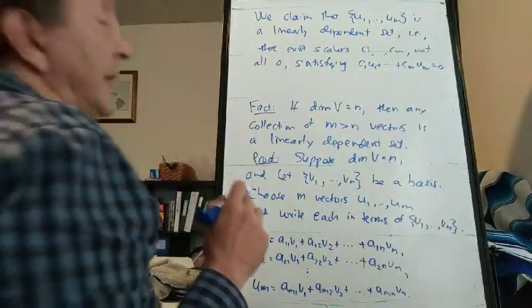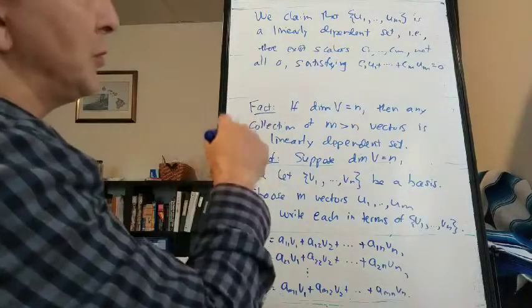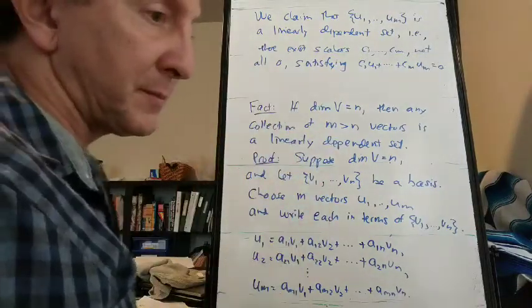So there's some non-trivial linear combination of u1 through um that equals 0.